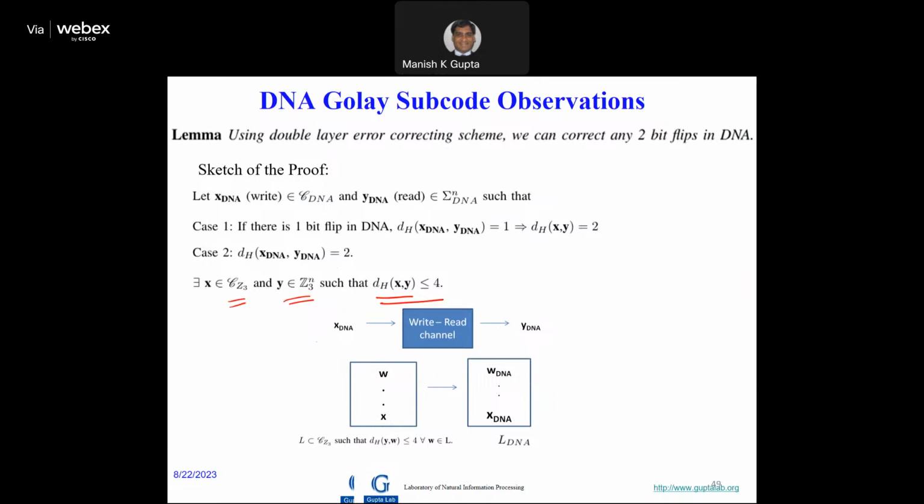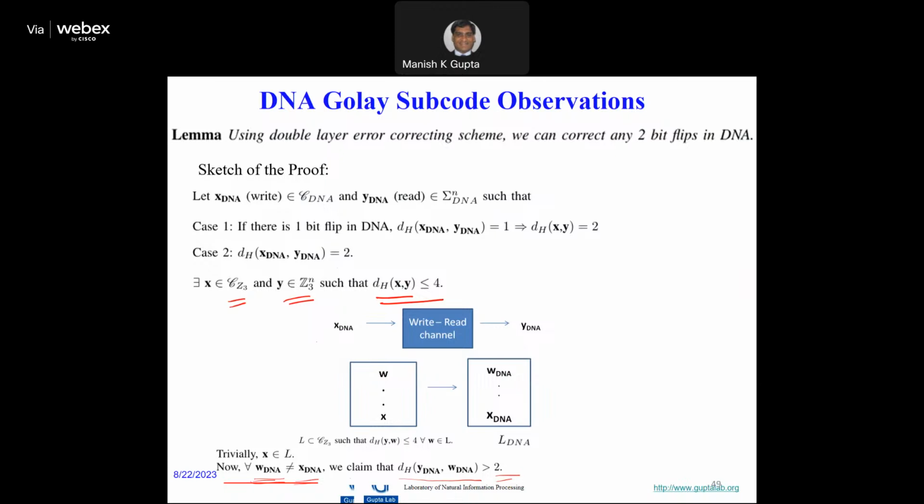So that is what I'm going to show you here. I want to show that for every W DNA which is not equal to X DNA, where X DNA is the vector from the code which was sent, we claim that the distance between Y DNA, the received vector in the DNA storage channel, and any other vector in C DNA is more than 2.